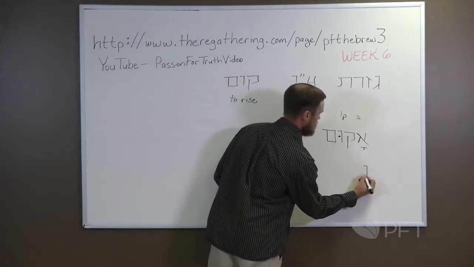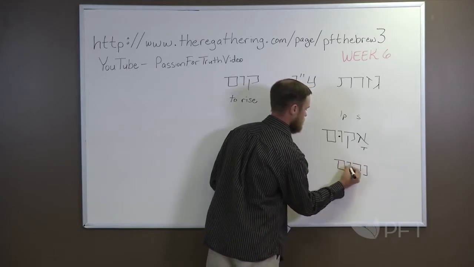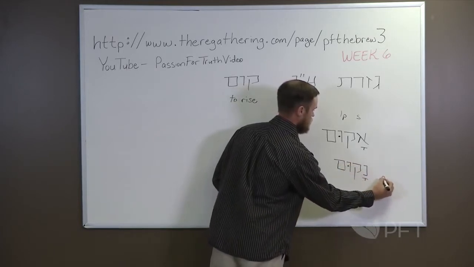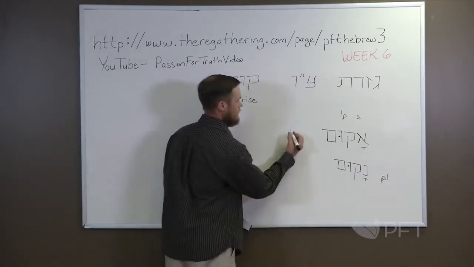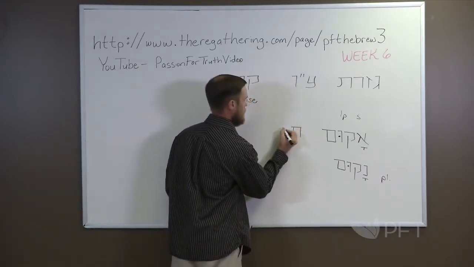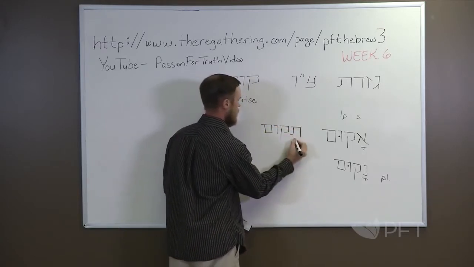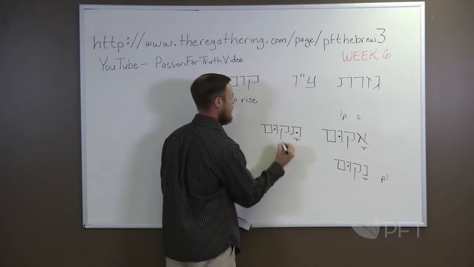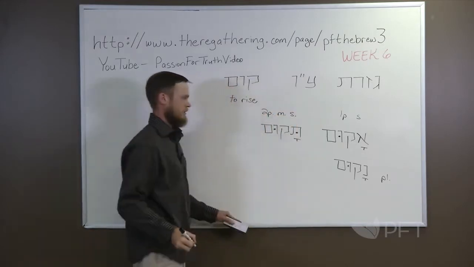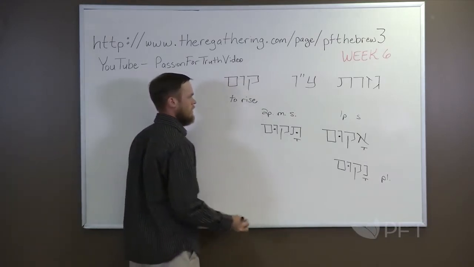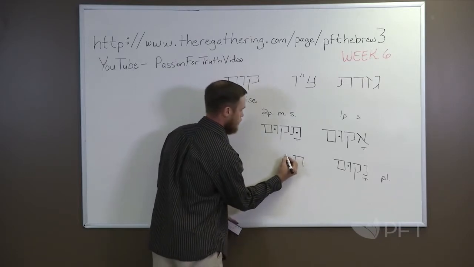Nakum is we will rise. This is plural. Okay, takum. Moving on to our second person, you will rise. Okay, masculine singular. Okay, takumu, you, masculine plural, will rise.